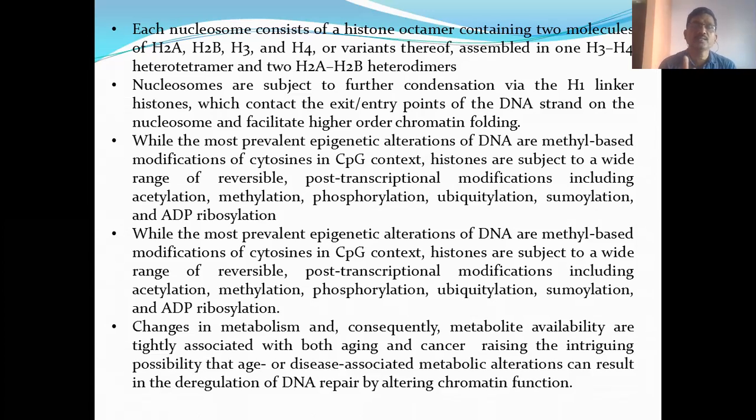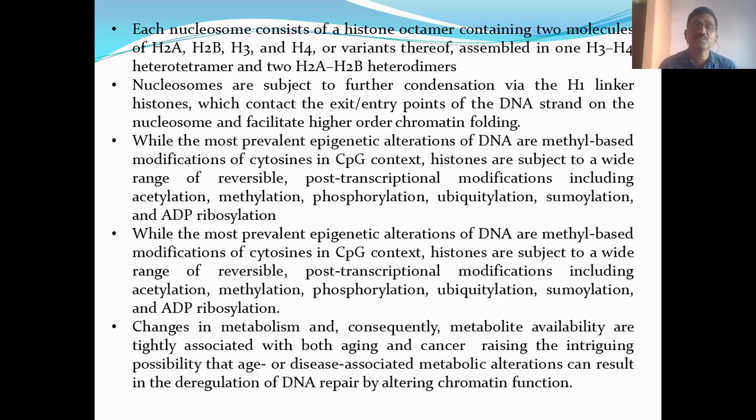and due to the changing of the chromatin function, aging and diseases like cancer bring changes in the structure of the DNA, and these changes include damaging certain parts of the DNA, and this damaged part is not repaired by the chromatin due to the changing of the chromatin function, or the chromatin not remaining in normal condition.